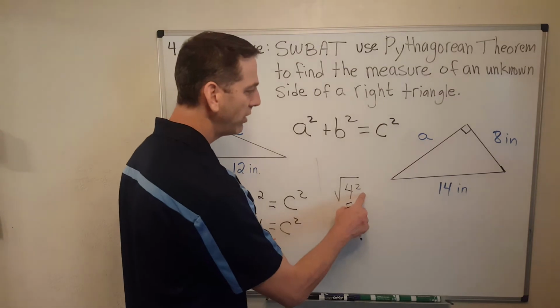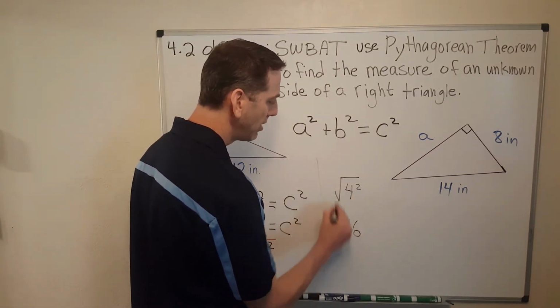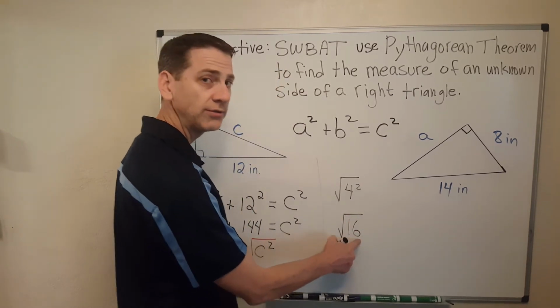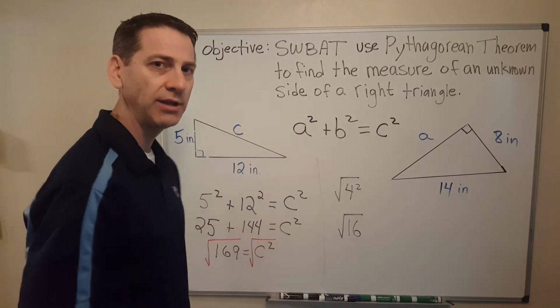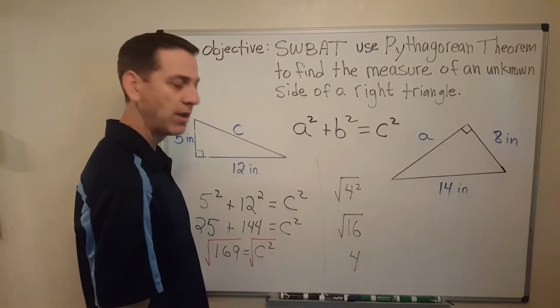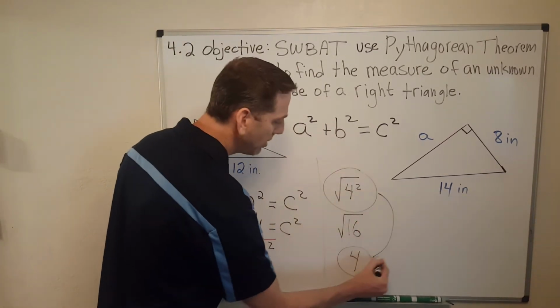So 4 squared is 16, right? And I still have to take the square root of that. Well, what's the square root of 16? What number squared gives you 16? 4.